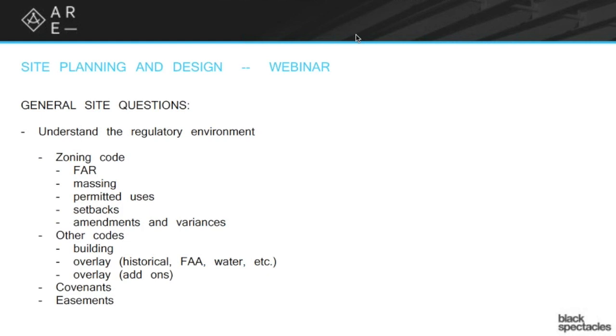Covenants and easements also show up a lot because they're sort of odd. A covenant is essentially a zoning code that's private. So if I have a gated community or something like that, there's probably a bunch of rules about how you can build your house. It has to have peaked roofs, or it has to be cedar sided or something.